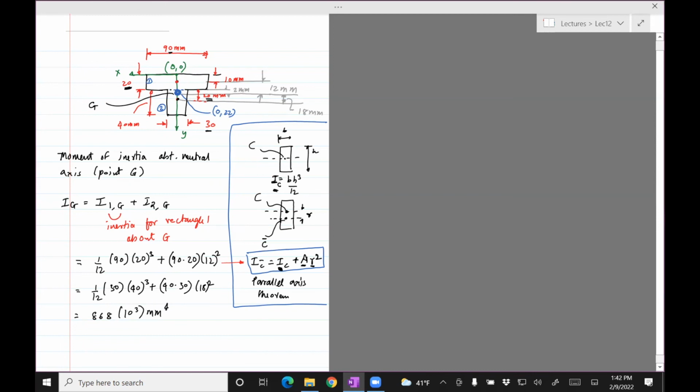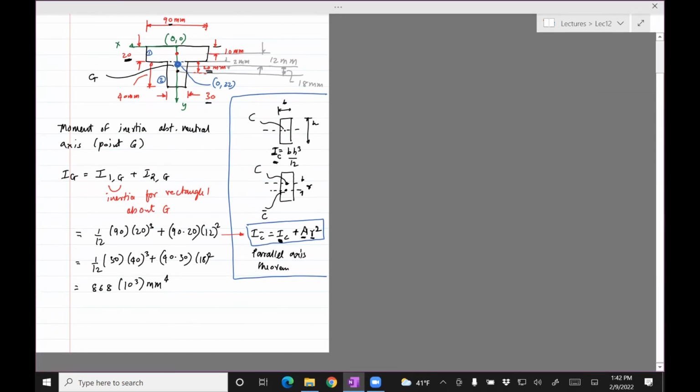Because I used everything in millimeters. And then it might be in our best interest to convert that to meters by multiplying by 10 raised to negative 12, which comes out to be 8.68 times 10 raised to negative 4 meter raised to 4.